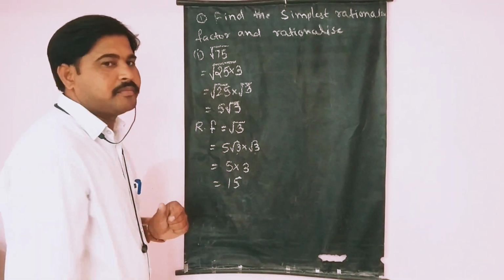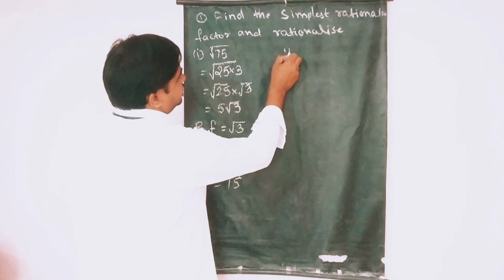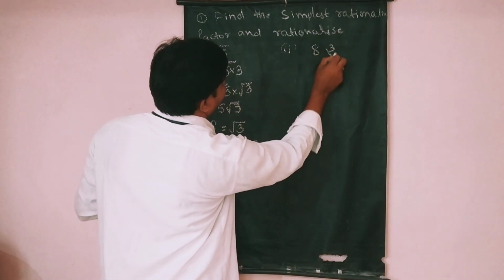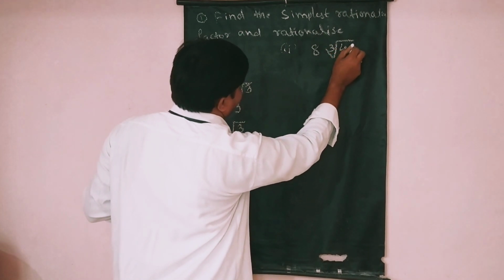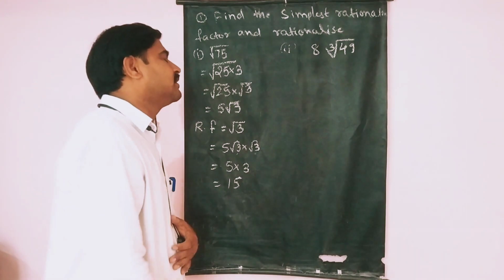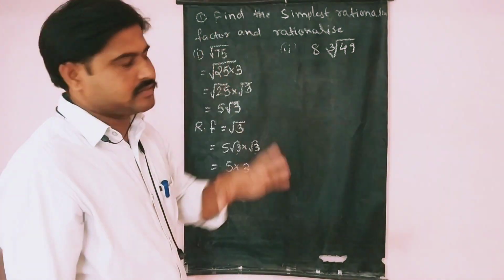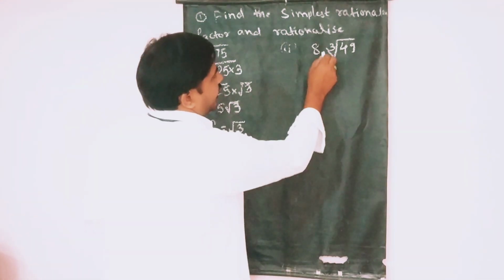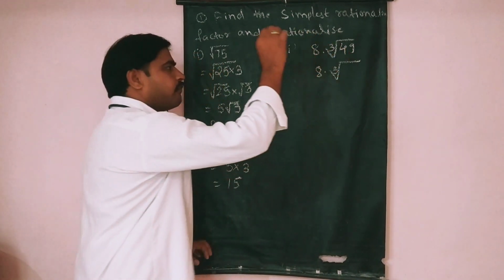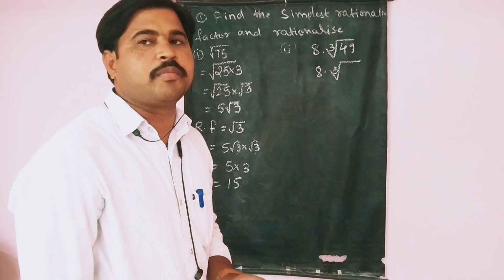And another problem. Second, 8 into cubic root of 49 is given. Now find the simplest rationalizing factor and rationalize it. For that, 8 into cubic root of 49 is not a cube number inside.